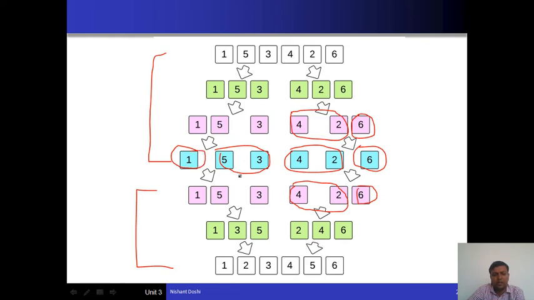But make sure that if this is going to be a recursive call, then this is wrong. First you have to combine 1 and 5, that is the correct approach, and once you have the 1 and 5, then you have to combine 3. There is nowhere the 5 and 3 is called first and the 1 will be there. Yeah, so make sure you try to avoid this type of common mistake.